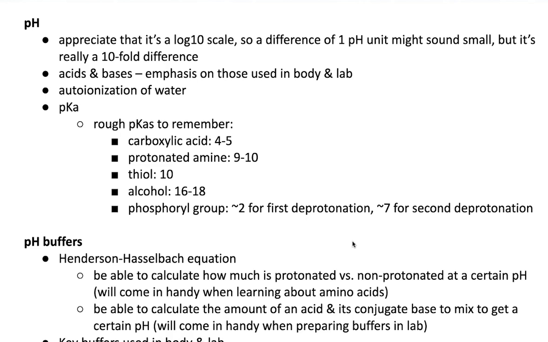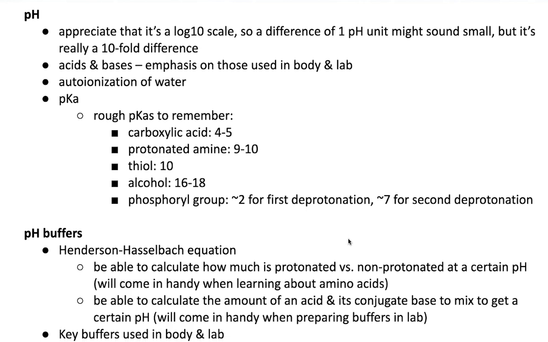The pKa is going to tell you the pH at which half of the acid is in its acid form and half is in its conjugate base form. And you want to have a good sense of being able to say, okay, I'm at a pH above the pKa.